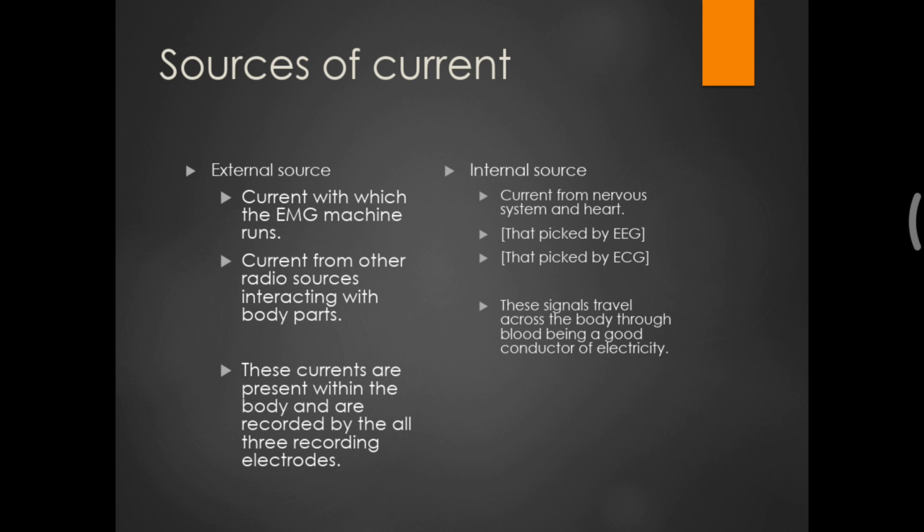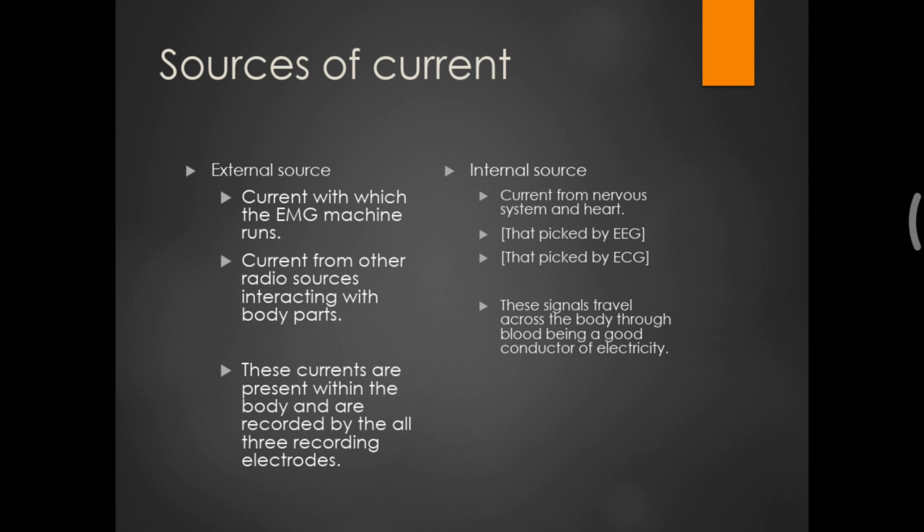Apart from this, we have many different pieces of equipment in the hospital, especially the light and the fan. Also many of the equipment which we use in hospital runs on electricity. So consistently these will be giving off electrical waves, and we will also be having interference from this.